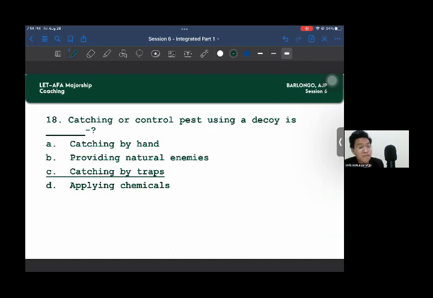So that is an example of a physical control of insects. Di ba kanina we discussed the different types of control. So this one is an example of physical control because you are physically protecting your plants. Naglalagay ka ng traps, so may physical barrier kang ginagawa sa iyong plants.